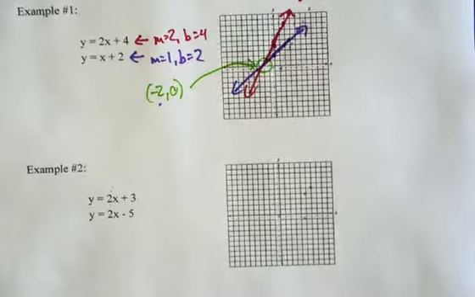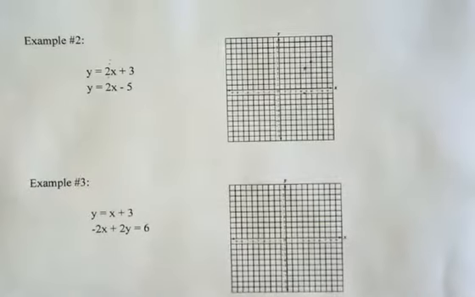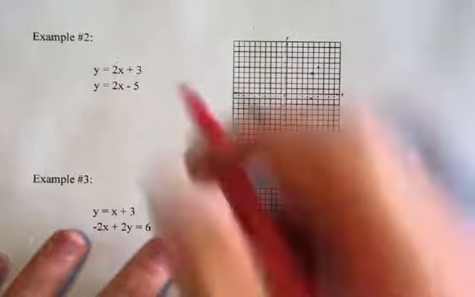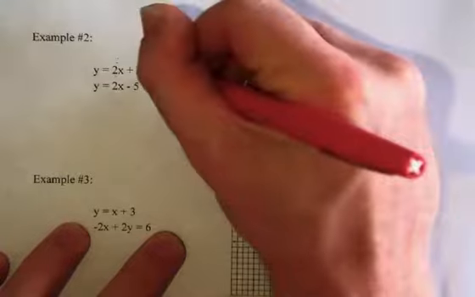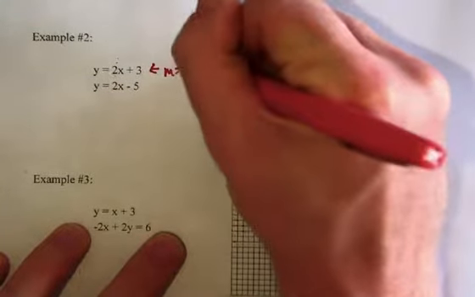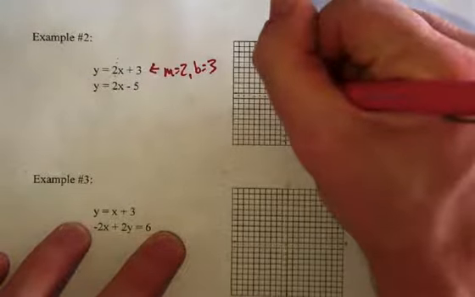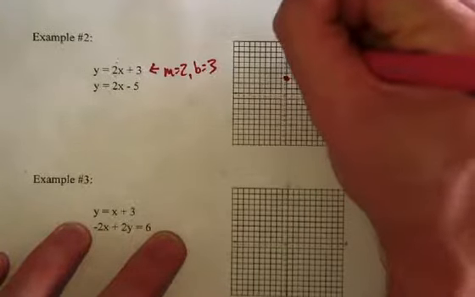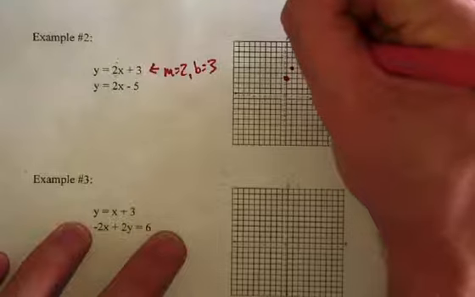All right, here are two special examples. This one we've actually already seen, but let's go ahead and do it out. So we've got y equals 2x plus 3, so m equals 2, b equals 3. We've got our y-intercept there, and then we're up 2 over 1, up 2 over 1, up 2 over 1.